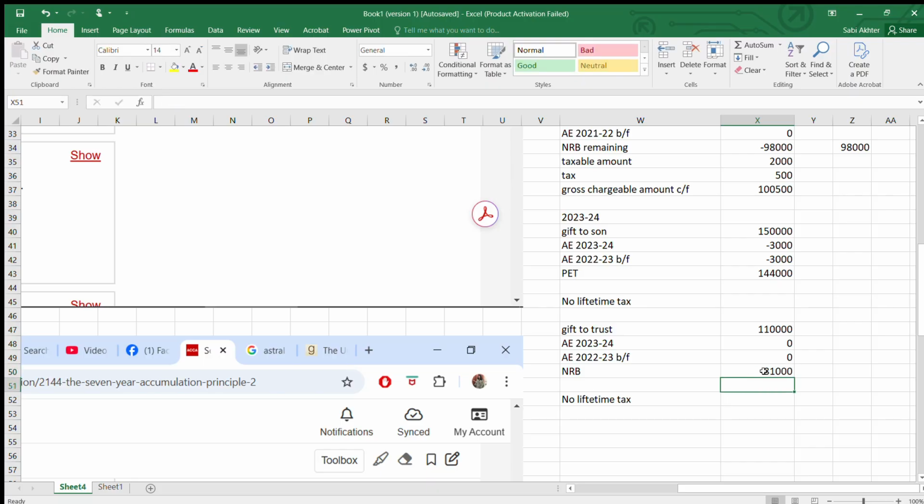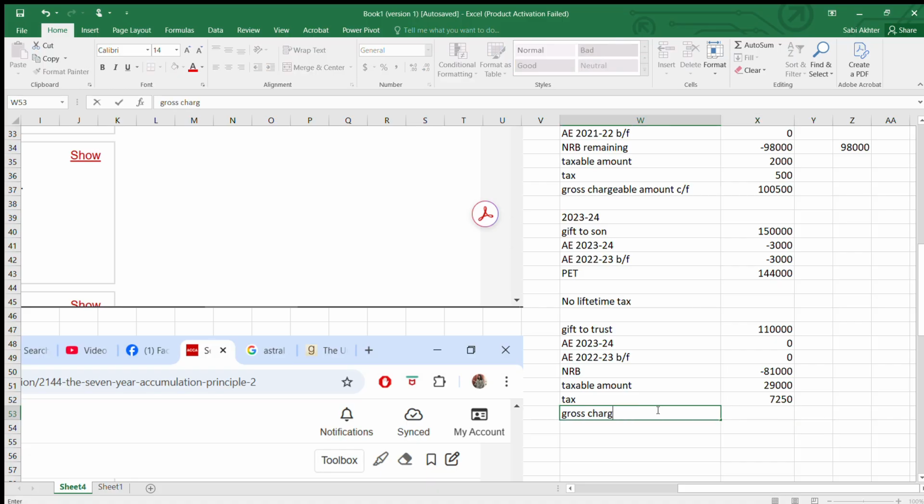Since now you know the figure, just put minus 81,000 and taxable amount. So I'm going to use the sum function. It is 29,000. And who is paying the tax? Mr. Rich. So it would be 25%. So equals 25% into the taxable amount. Then the gross chargeable transfer.